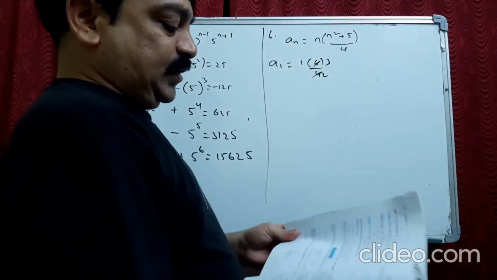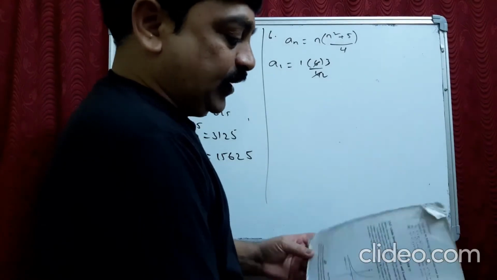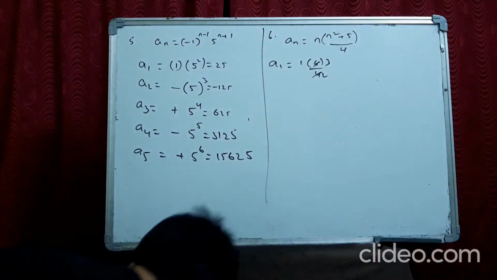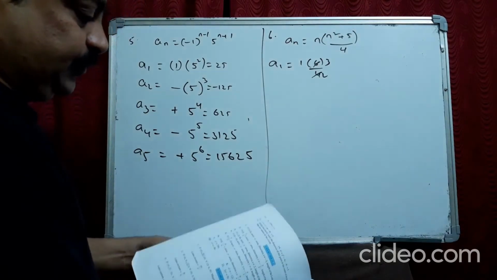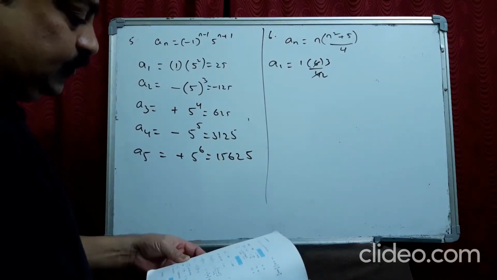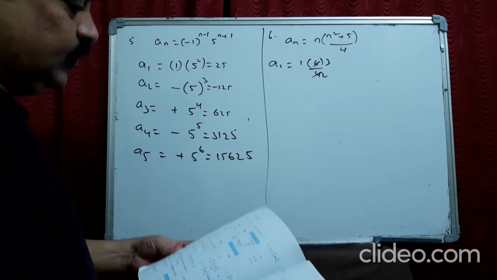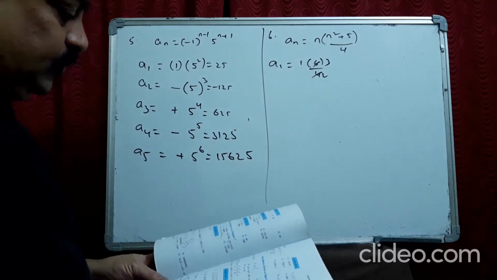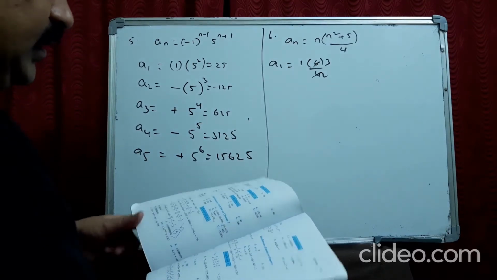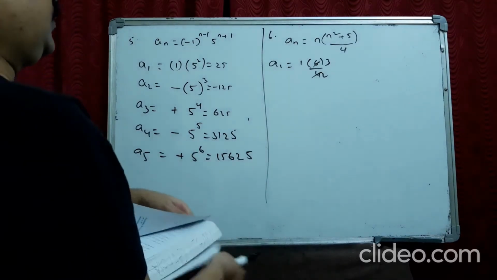Let us check whether it is a mixed fraction or improper fraction. Yes, it is improper, because it is given as 3 by 2.